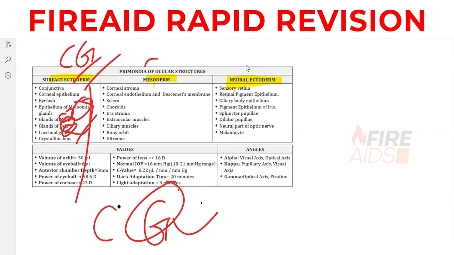Next, mesoderm. You're going to have corneal stroma, sclera, iris stroma, so you're going to remember stroma.